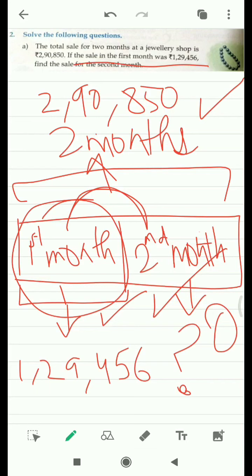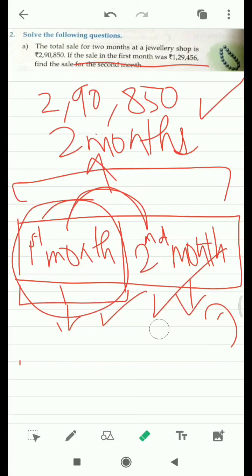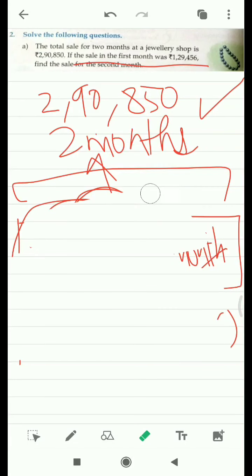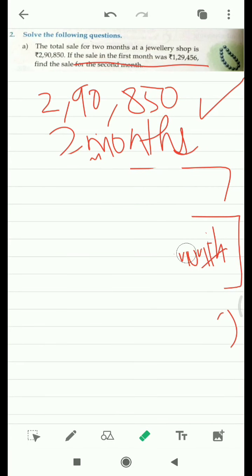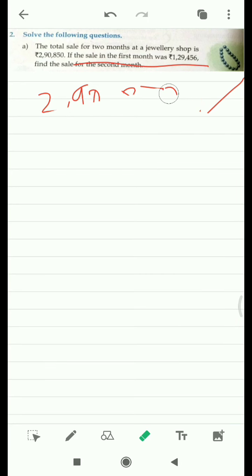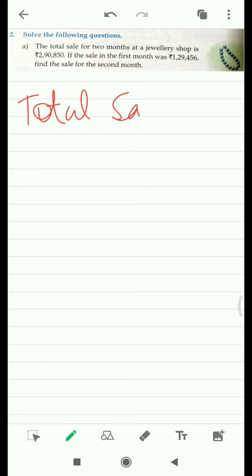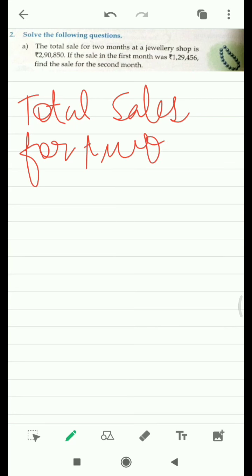So we're going to simply subtract it now using sentences. Since it's a word problem, we have to write some sentences for it. So let's just start. Total sales for the 2 months.